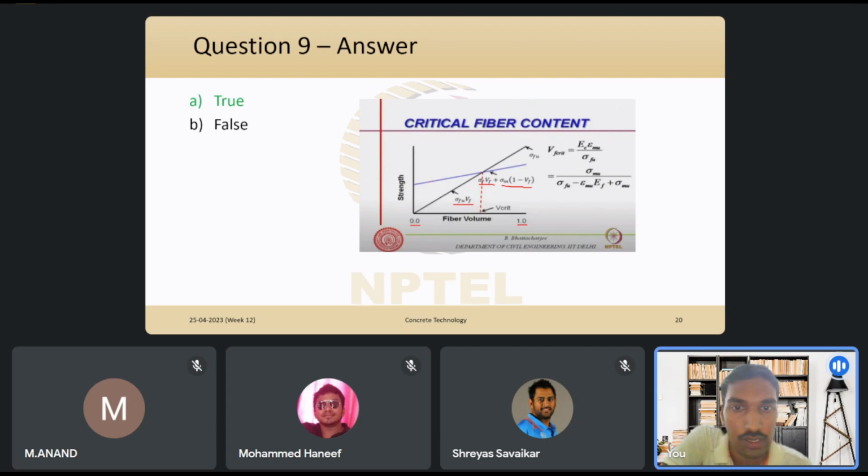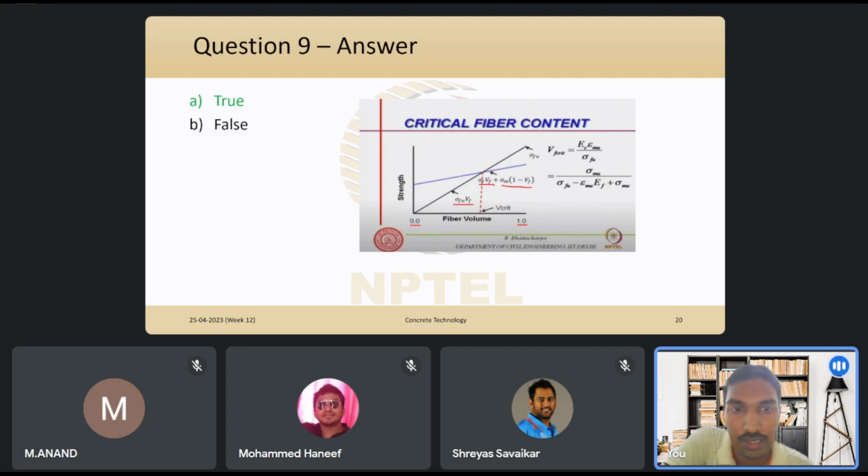When you look at the variation in the strength with the fiber volume, you will see that there is one particular fiber volume at which the strength of your fiber reinforced concrete and the pure fiber are the same. That volume is what we call the critical volume.